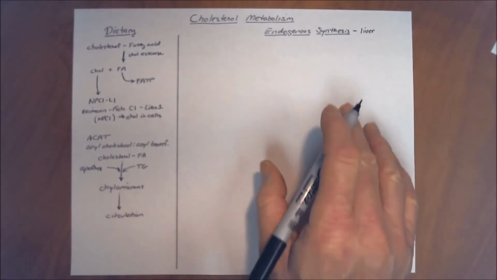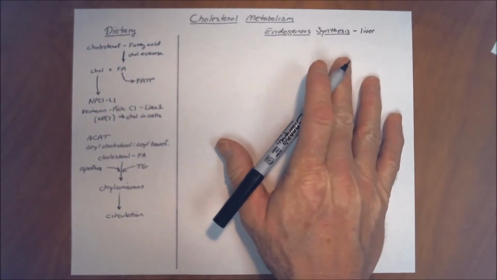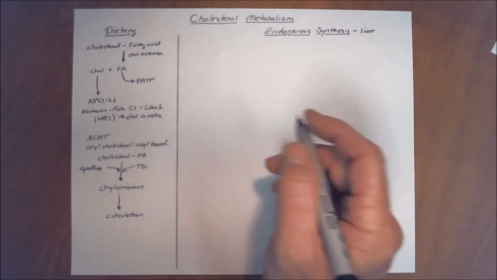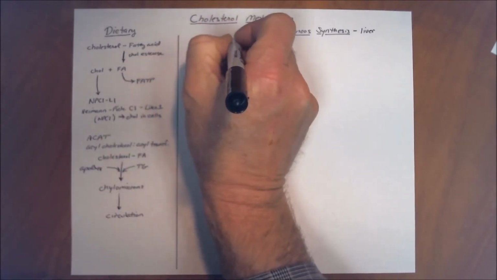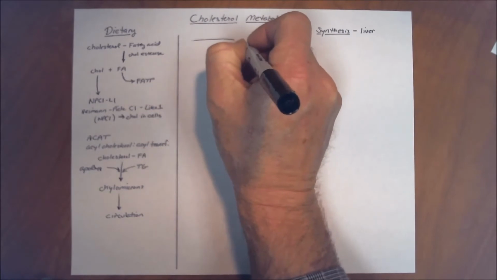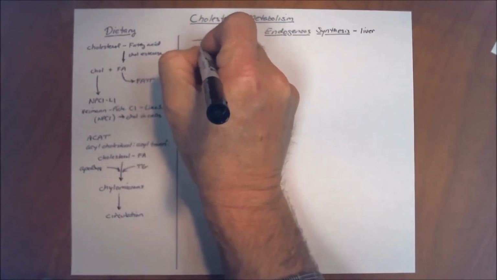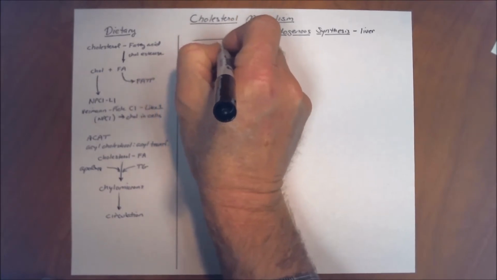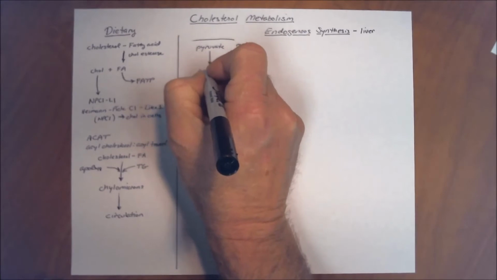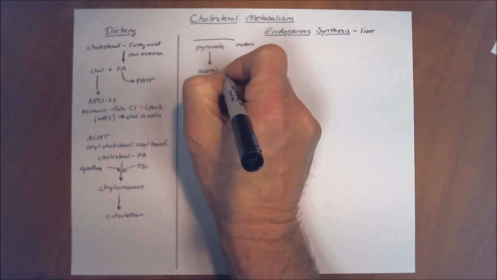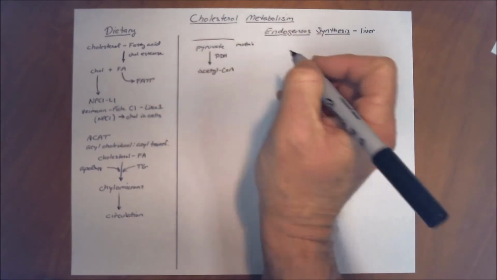Now, the endogenous synthesis in the liver, we first have to look at the sources of the substrate for cholesterol synthesis. So let us recall that inside the mitochondrial matrix, we have pyruvate that is converted to acetyl-CoA by the pyruvate dehydrogenase enzyme.